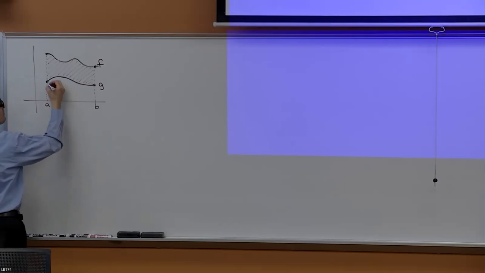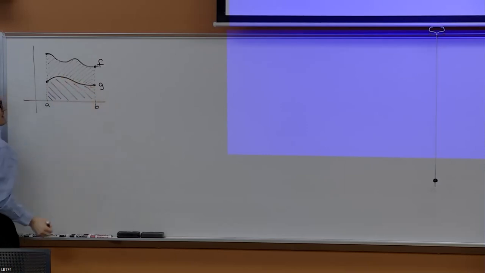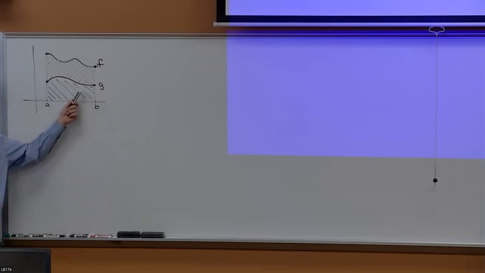Well, hopefully we know that when you are integrating, it gives you the signed area. So if I integrate G, I would get the area between G and the x-axis.